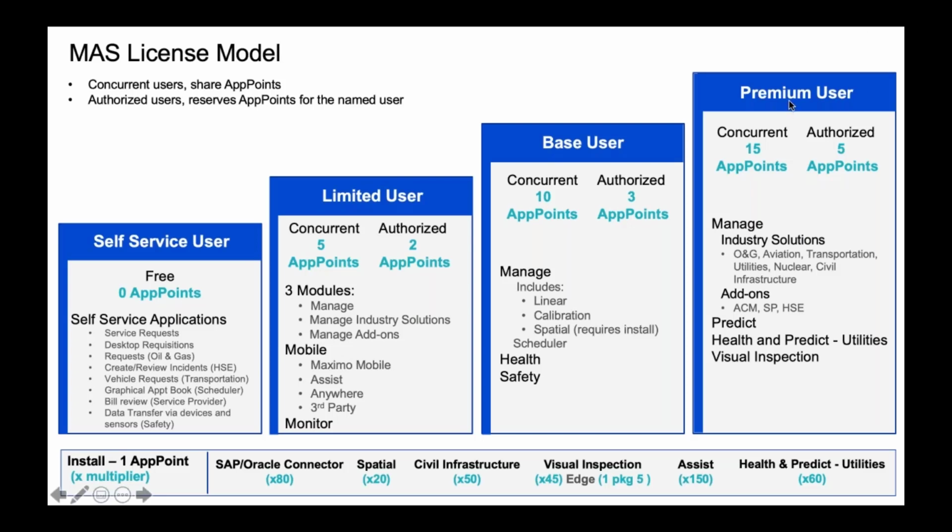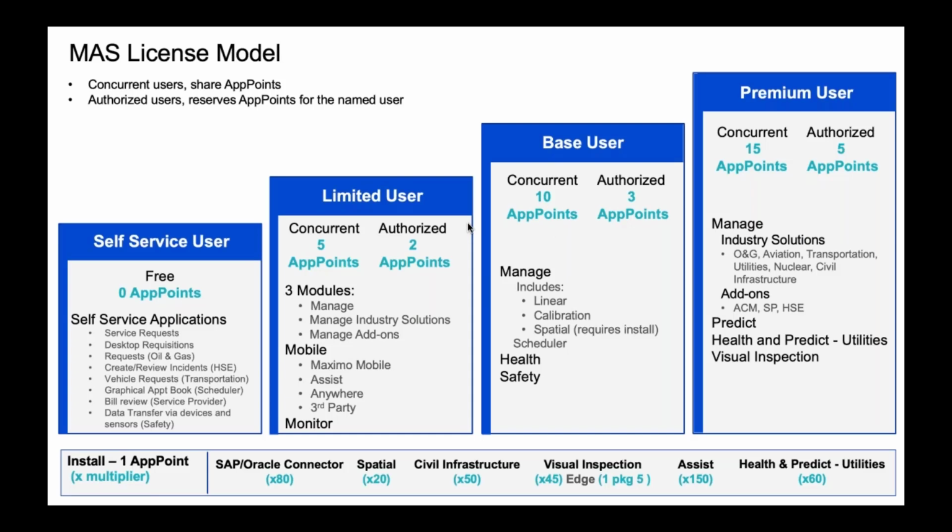So if I'm a premium user, not only do I have access to my industry solutions here under my column, but let's go to a base user. If I'm a base user, concurrent is 10 or authorized is 3, I have access to all of Manage, all of my modules within Manage, which now include calibration, linear, and spatial, and scheduler.